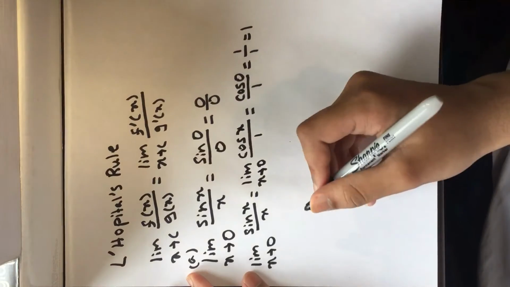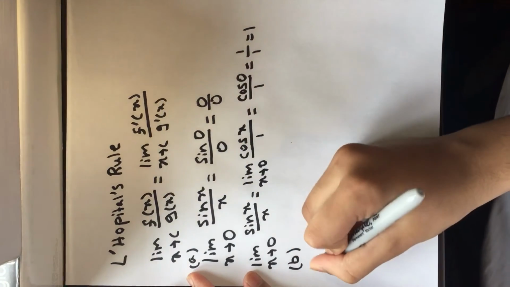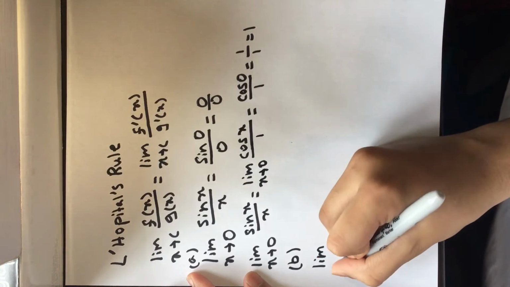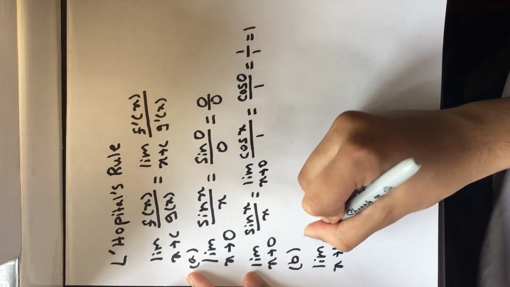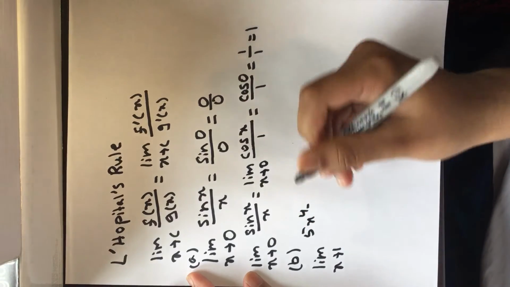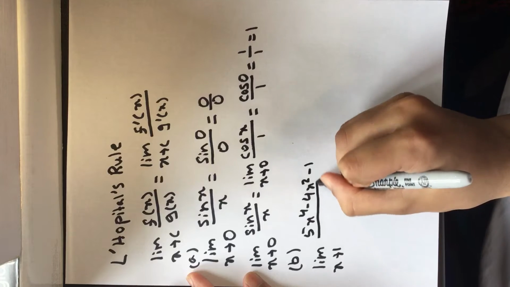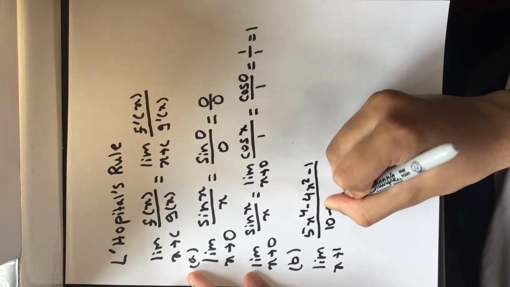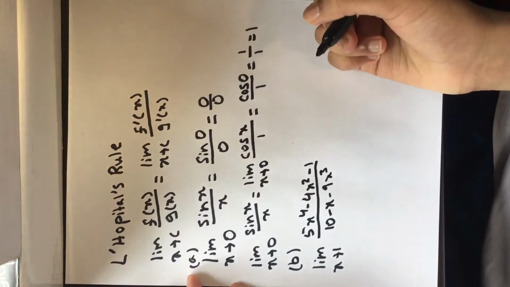We can do this in other cases too, such as problem B. We have a limit as x goes to 1 of 5x to the 4th minus 4x squared minus 1 over 10 minus x minus 9x cubed.